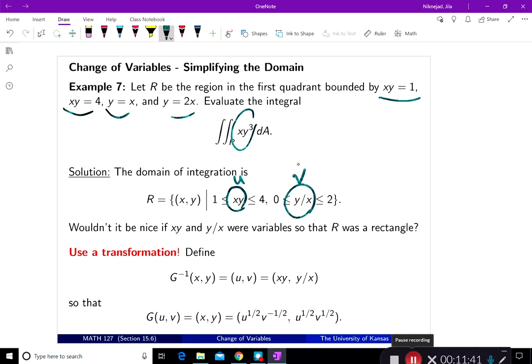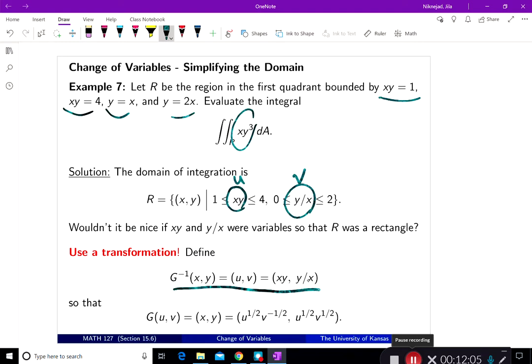And so in here again I will have the inverse, that is g inverse of x and y is going to be u and v, where I chose u to be xy and v to be y over x. And now can I find what g is?